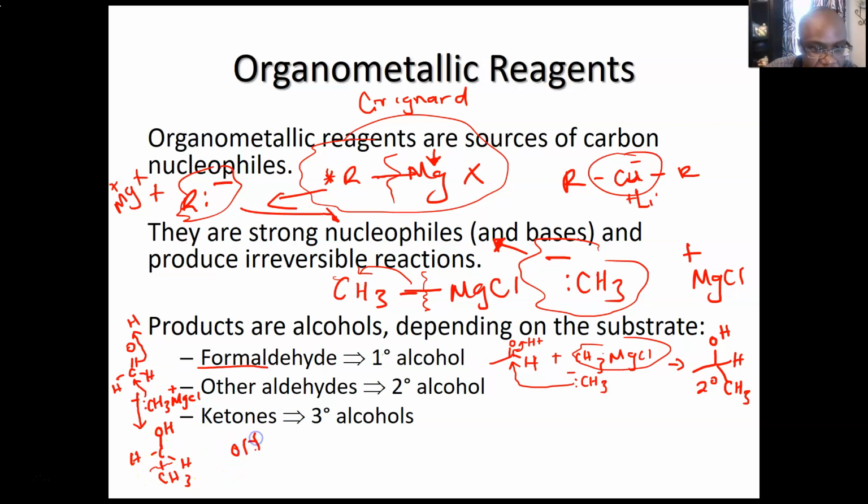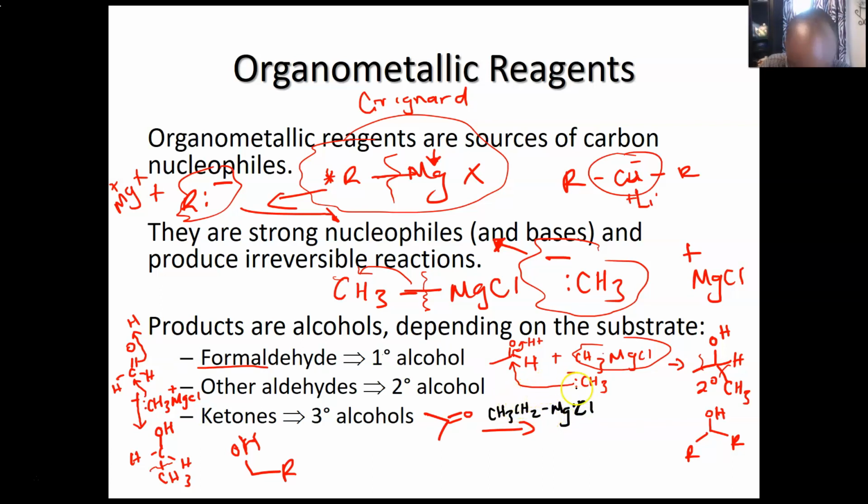Remember what we said about primary alcohols: one R group. Secondary alcohols, you see how here this has two R groups. Secondary alcohols will have two R groups, and of course, tertiary alcohols will have three R groups. So let's say you have acetone. This time my Grignard is CH3CH2MgCl.